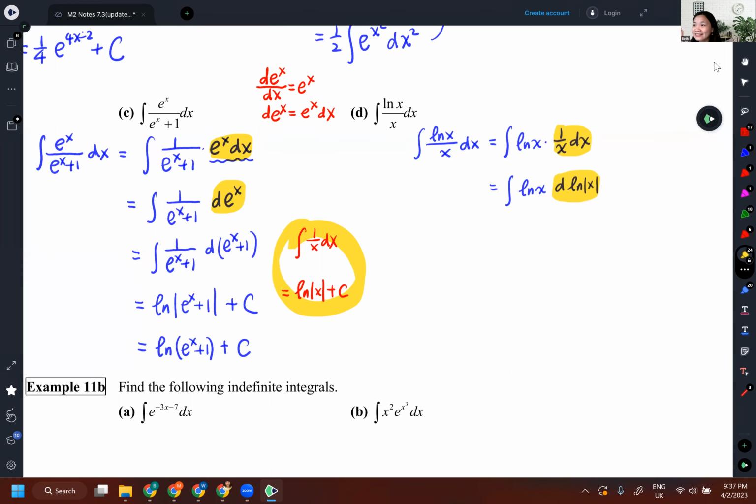Unless you're very familiar with this, it takes a long practice. Right now, during the lesson, I show you slowly. This is because we know that d log x over dx is 1 over x. Therefore, you can do it backwards.